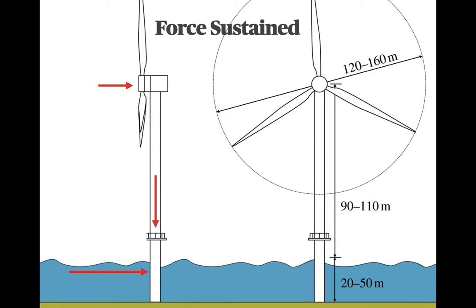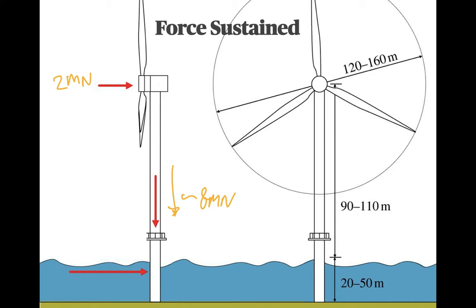The force that you see on average hitting the rotor amounts to about 2 meganewtons. That's 2 million newtons, so quite significant. That's a horizontal force. There's a vertical force here, just from the weight of the structure, of roughly 8 meganewtons.